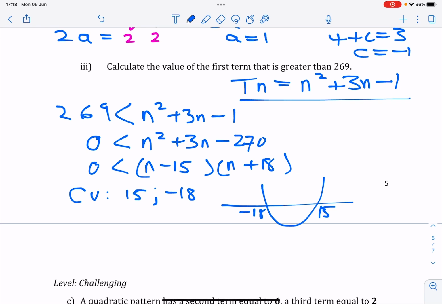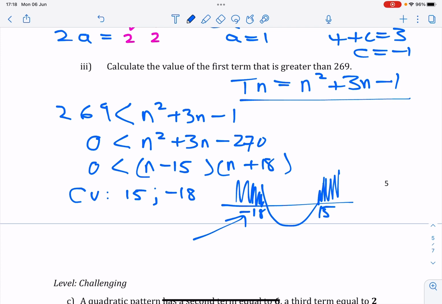And we're looking for values that are greater than. So everything that's above the x-axis, because it needs to be greater than a y value of 0. Because we're working with term numbers, we don't care about negative solutions because it doesn't make sense to say a solution is negative.